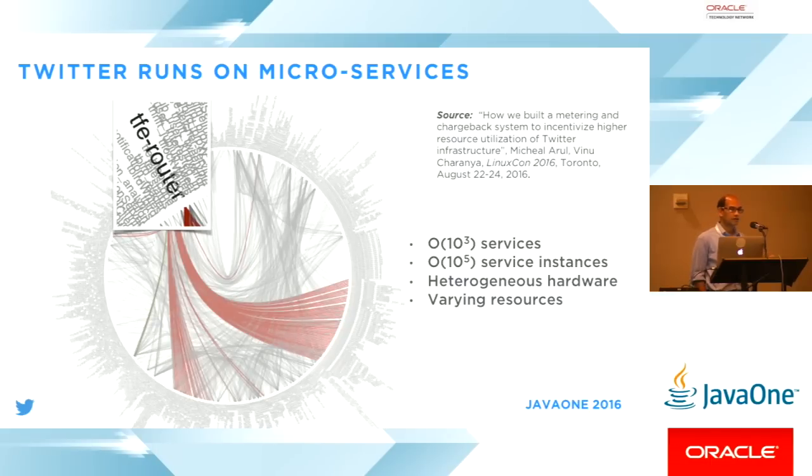The larger microservices might be made out of hundreds or even thousands of instances. It turns out that the total number of service instances, which you can think of as processes, is over 100,000 in the system at any time.